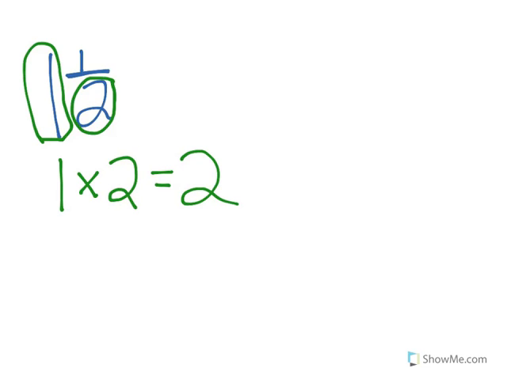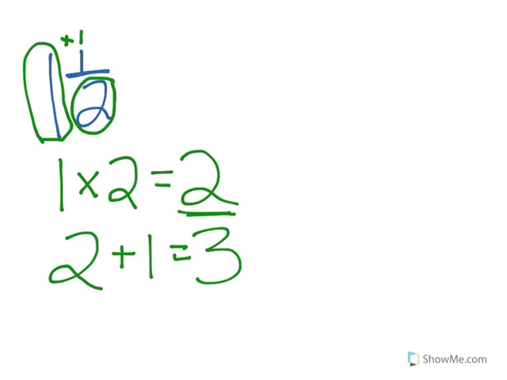And when I'm done with that, I add my 1. So I'm going to take my 2 from here, add 1, and I get 3. So that becomes my new numerator.